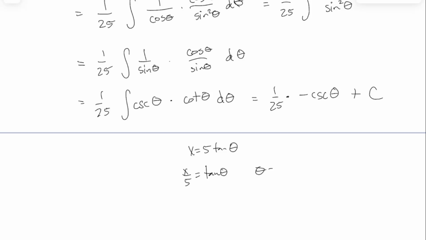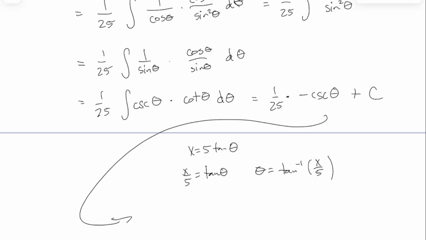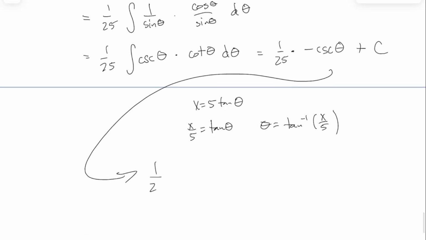And that means theta is inverse tan of x over 5. And so my answer here can turn into 1 over 25 times negative cosecant inverse tan x over 5 plus c.